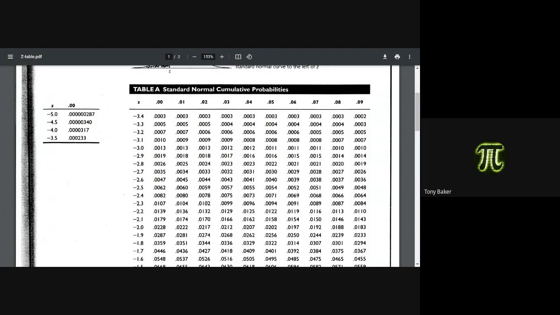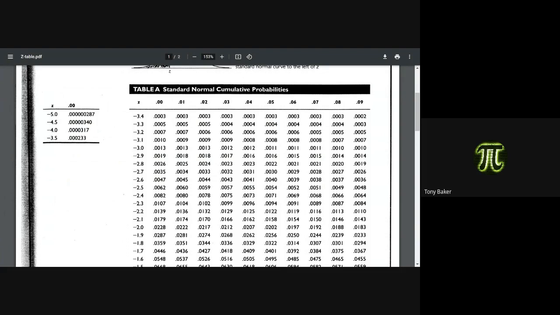So we had, what was it? Negative 1.76? Okay. So notice how there's the negative values. So we're going to go down to negative 1.7. And then we're going to go over to 0.06.